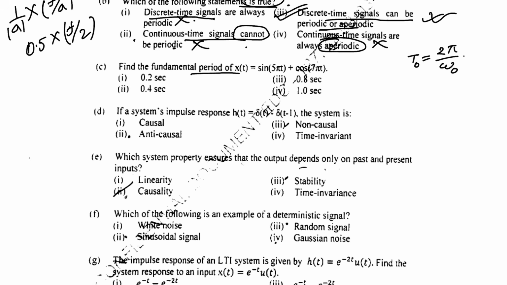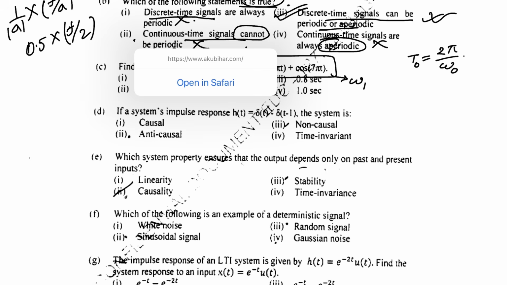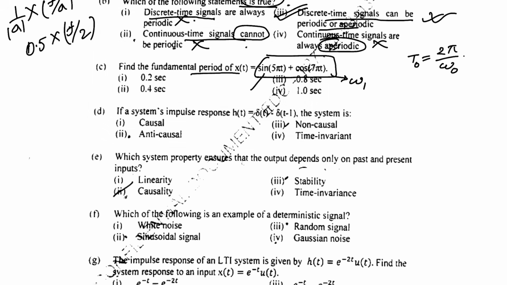Now, for checking the periodicity of the combined signal, what we need to do is take the ratio of the angular frequencies. If that is rational, then it will be periodic. Okay. So, what is the step? ω1 means this frequency.